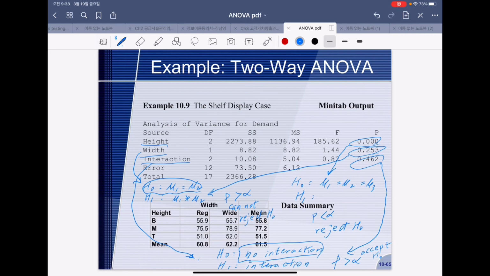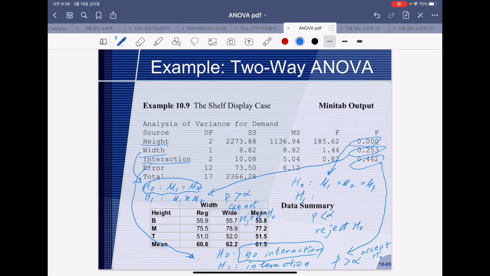If you reject the null hypothesis, there is an interaction between the two factors. In that case, you need to create new sets of data and do a new type of analysis.